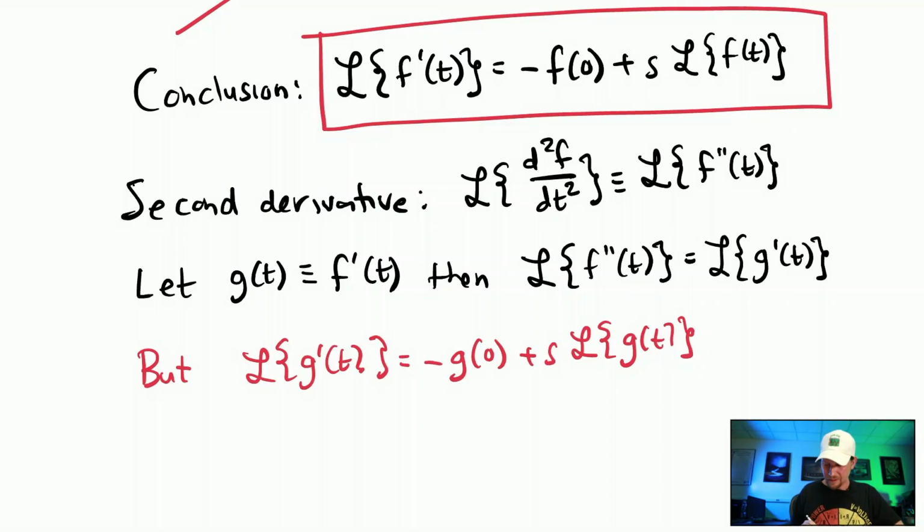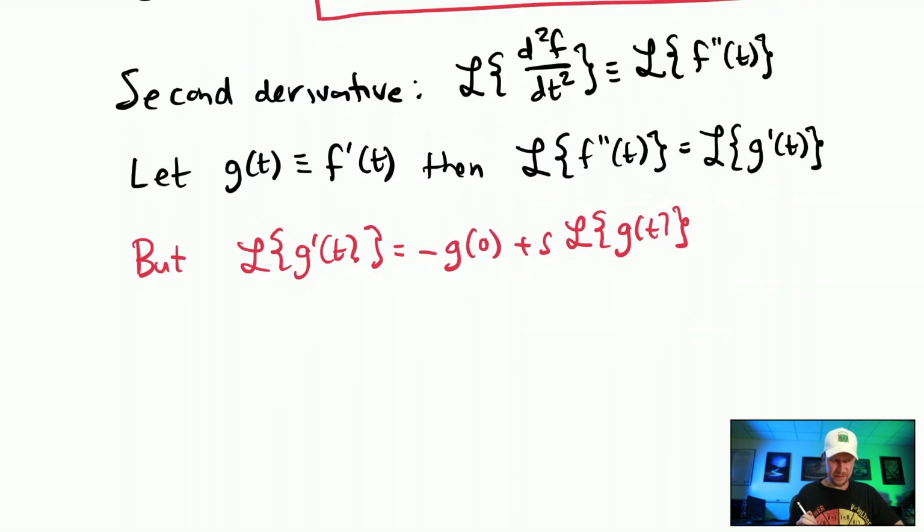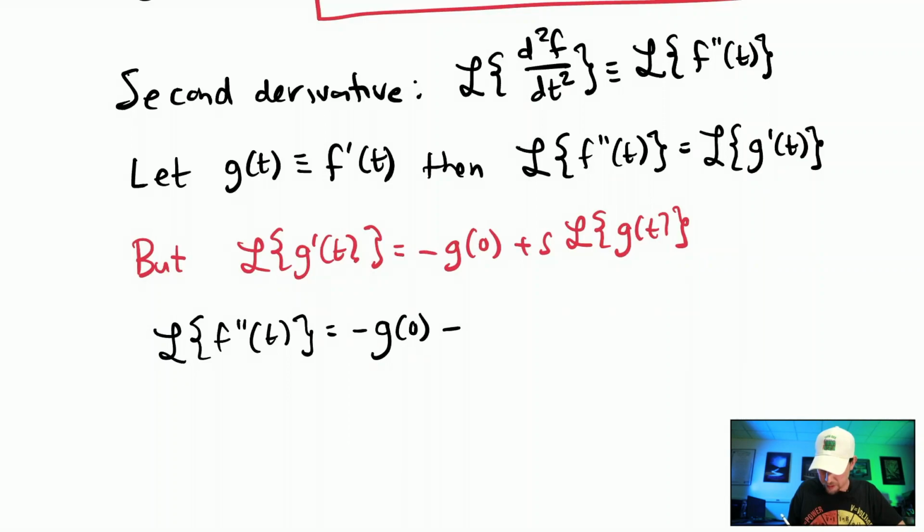So we can actually use this in the following manner. We can then go back and say, well, the Laplace transform of the second derivative of f is the Laplace transform of g, which is minus g of 0 plus s times the Laplace transform of g of t, like this.